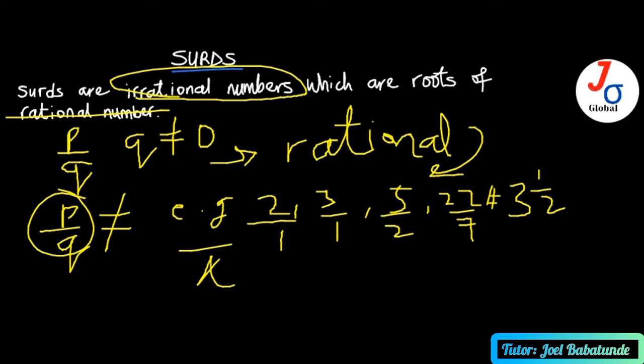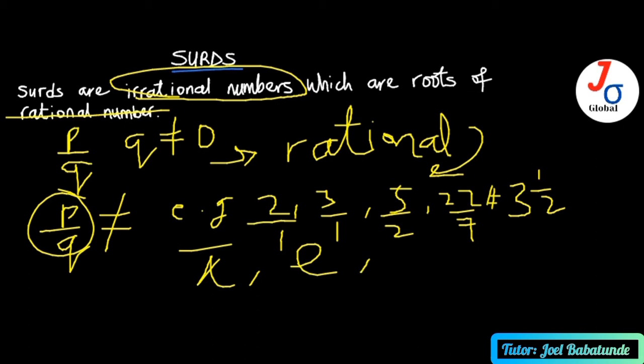Pi really has no exact value to write in the form of p over q. Another example is e, about 2.718. So e is also an irrational number.